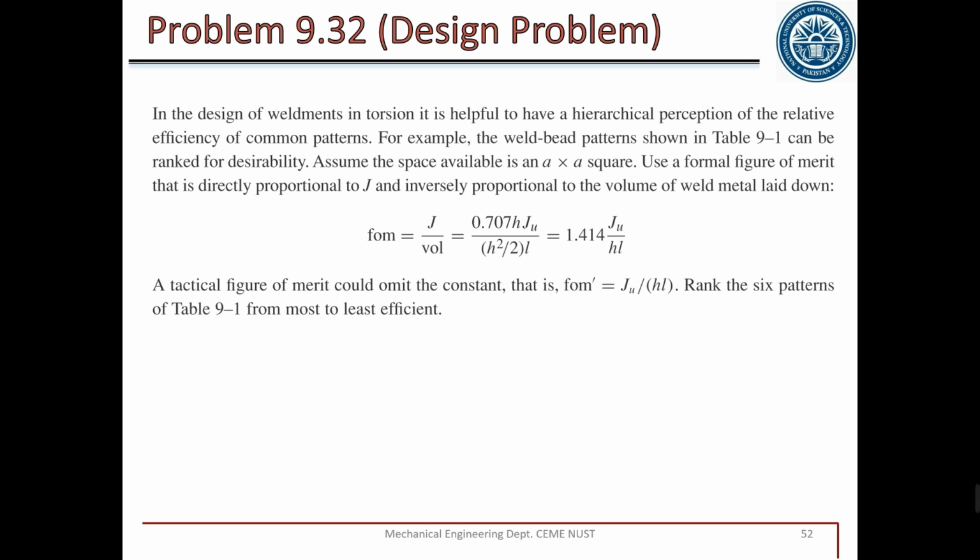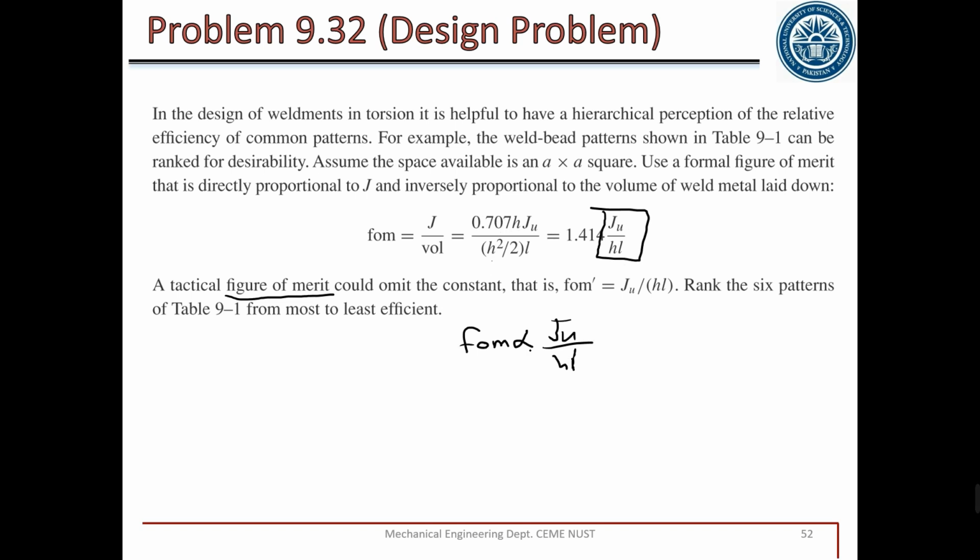For that, they have given us a figure of merit. To check the figure of merit, it is J divided by volume. This is the volume of weld and this is J of weld for all the welds, because 0.707 JU is common. So substituting the value, we get a generic equation of JU by HL, or in other words, FOM is directly proportional to JU by HL.